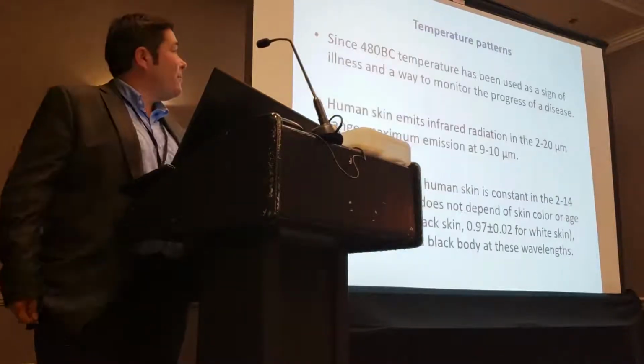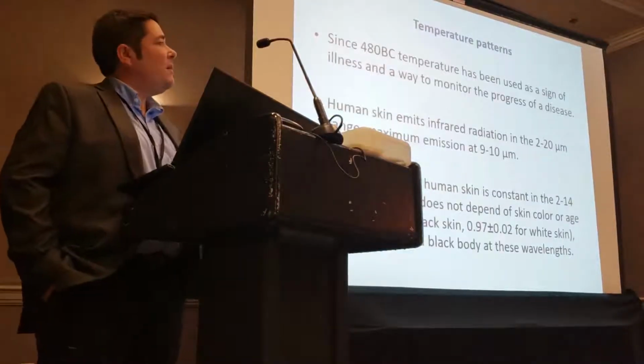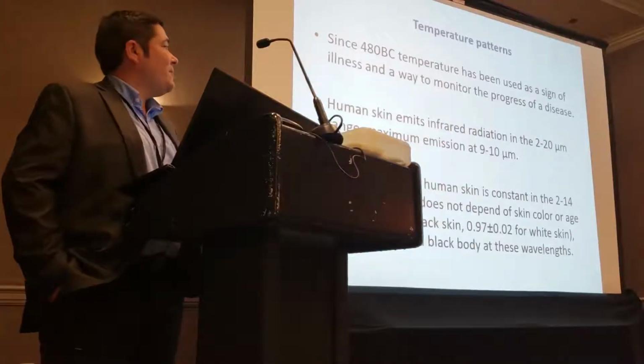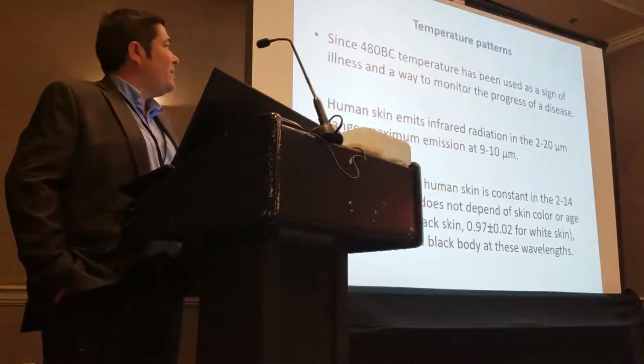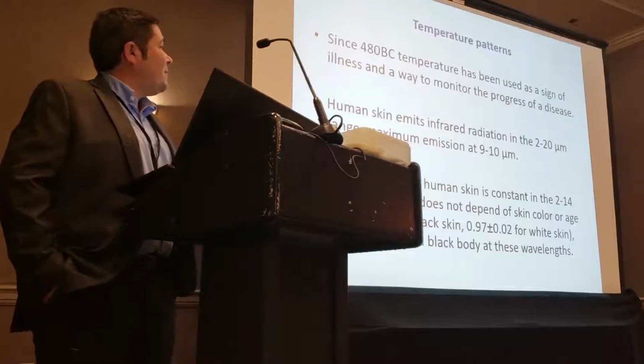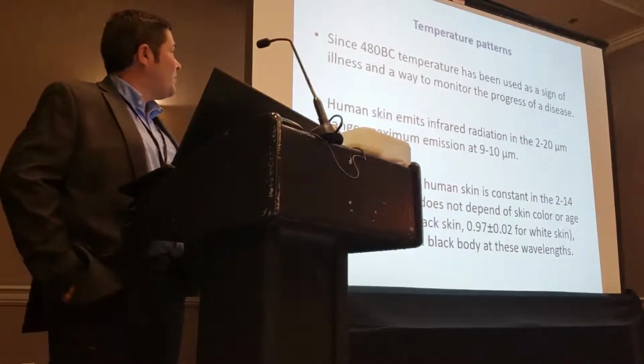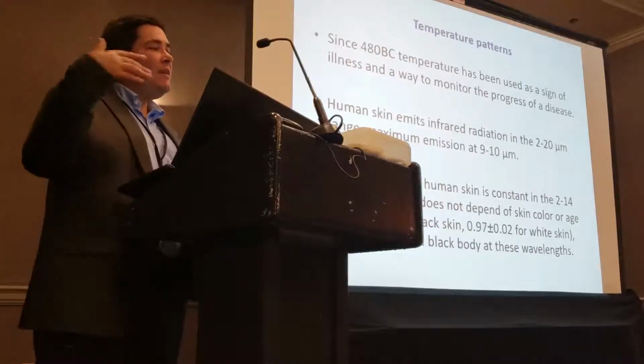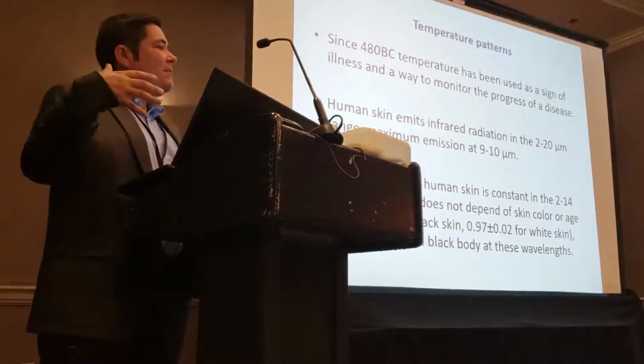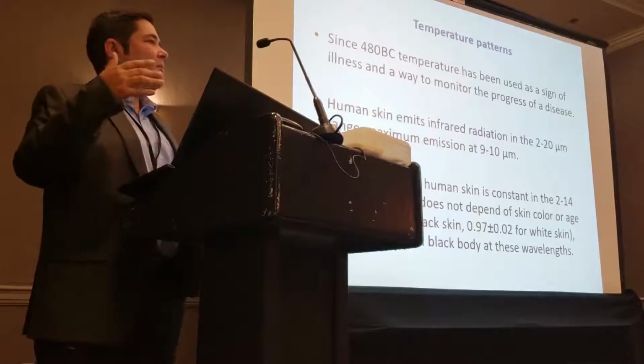And as you guys already know, temperature has been a variable of interest in medicine for basically forever. It's been used as a sign of illness and also a way to monitor the progress of a disease. And it happens that human skin is a very good thermal radiator.